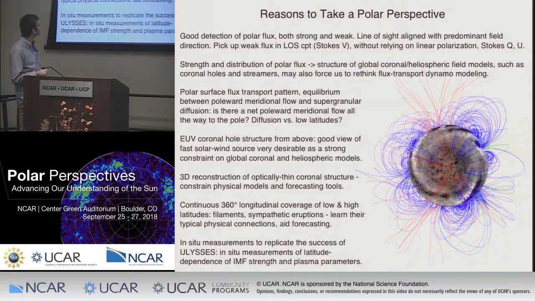Because the structure is optically thin, we can use a second vantage point to deduce some of the 3D structure. And continuous 360 degree observations of the low latitude loops, the streamer belt, would give us the opportunity to look at sympathetic eruptions occurring at different locations in the corona, and we can see the connections and deduce their cause.